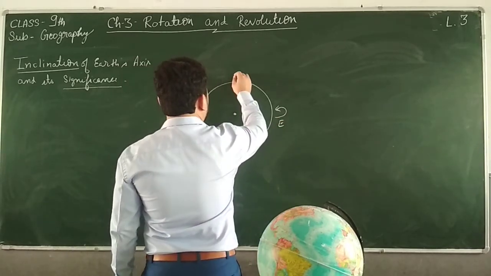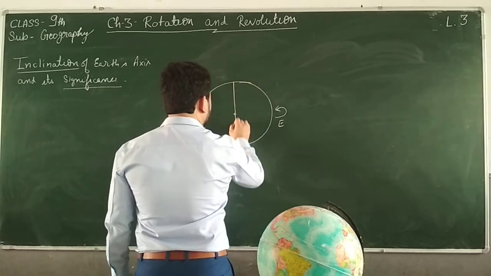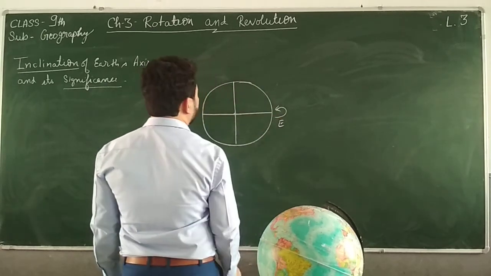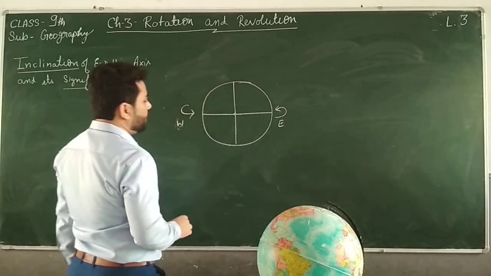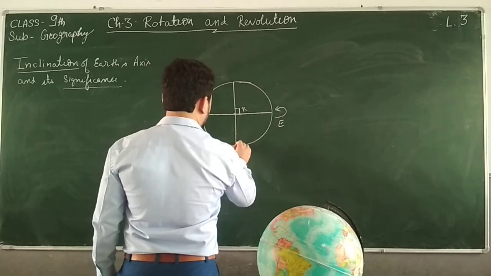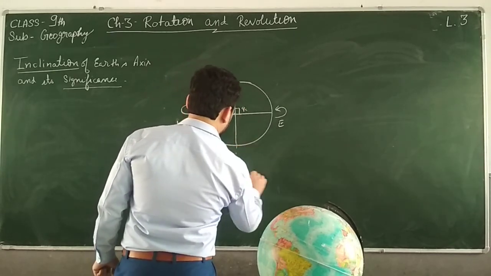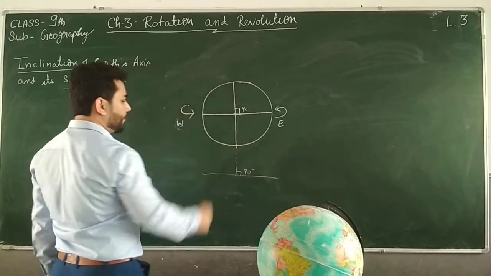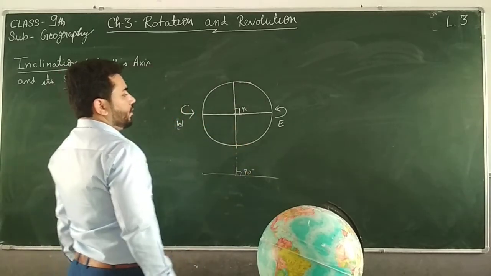Then this will be the axis of the Earth. Now it is 90 degree, or you can just make the angle here also, both are the same thing.